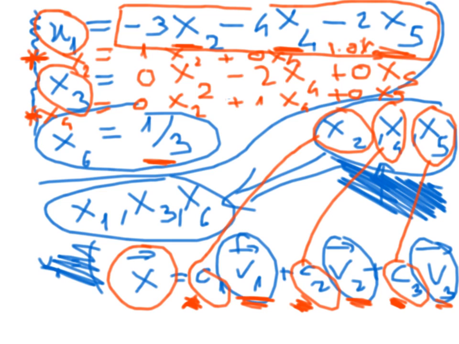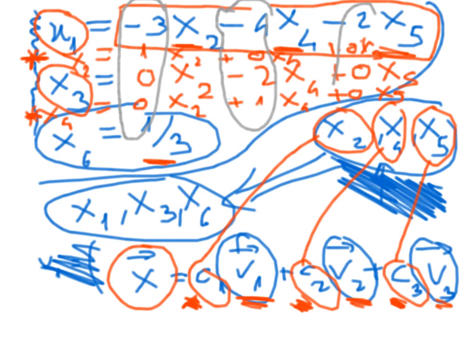So now let me change the color one more time. What are these three vectors? Well, the three vectors are the ones that we can find in these columns. Now I can admit that it's not very well written.